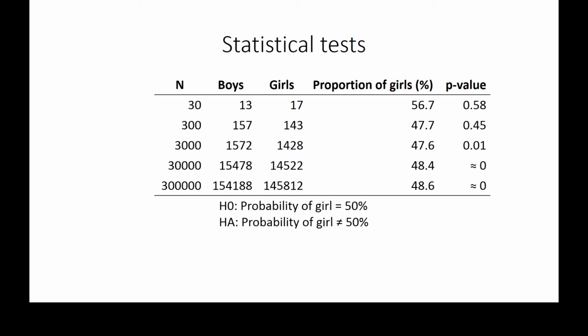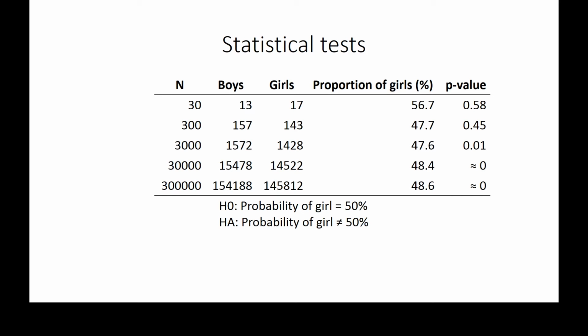So if the probability is 50% of having a girl, we would almost certainly have more than 48.6% girls in our sample. That's very strong evidence against H0. In other words, we can confidently reject H0 and say that the probability of having a girl is not 50%.